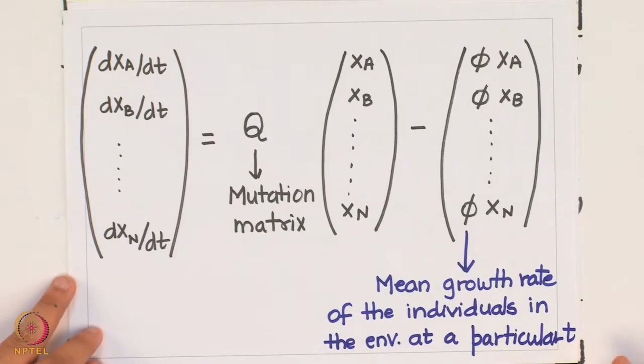That's what we've realized the significance of phi to be, that it represents the mean growth rate associated with the environment at any particular time t, depending on the frequencies associated with each genotype.